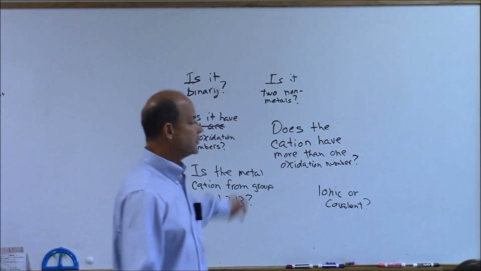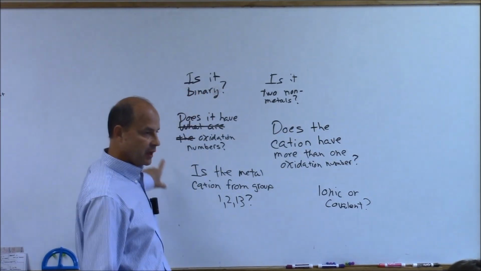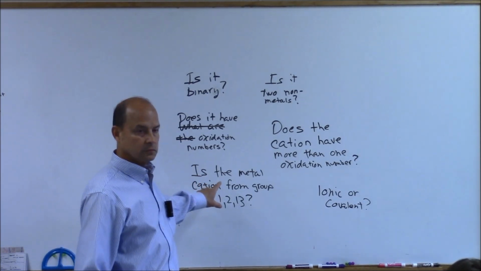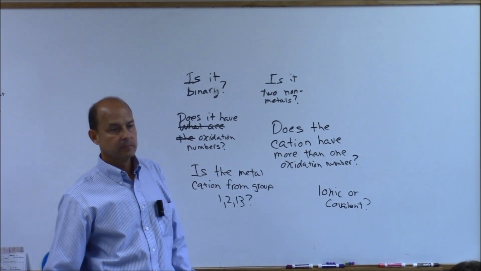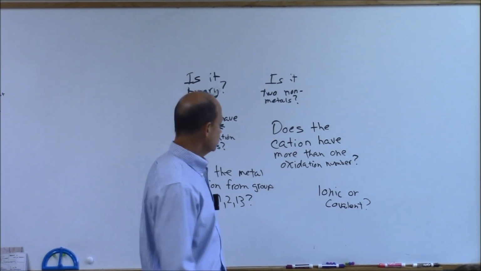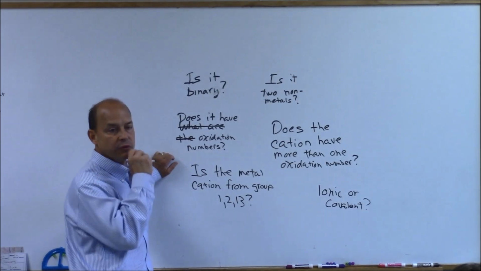Okay? There's a couple of more I don't think we have. Anybody have one that they don't see up here already? Yeah. Is the oxidation number represented by Roman numerals? Okay. Once we have the type, then there are rules for naming.